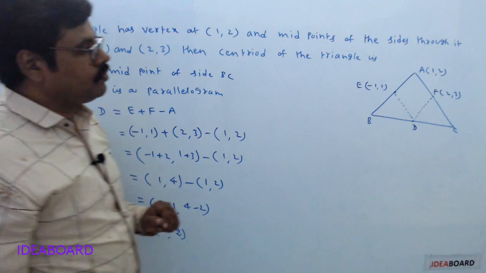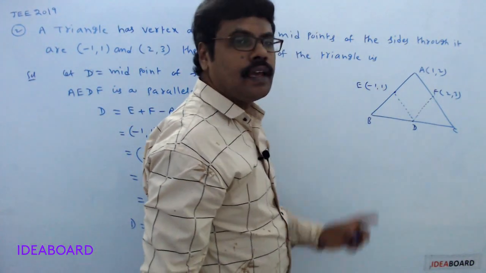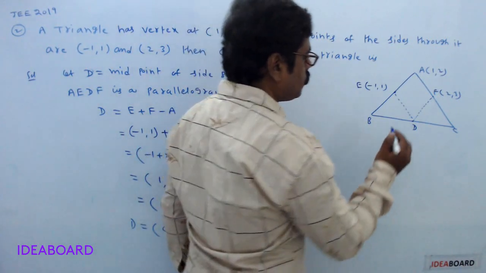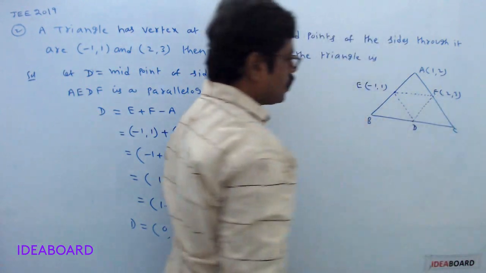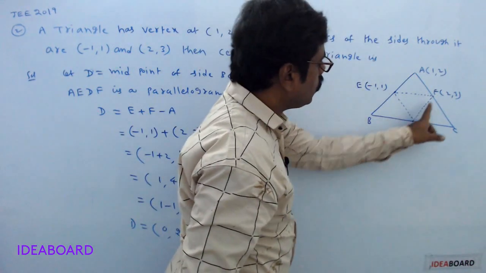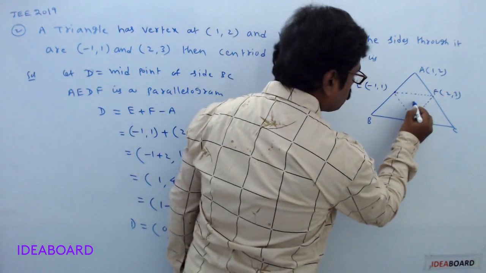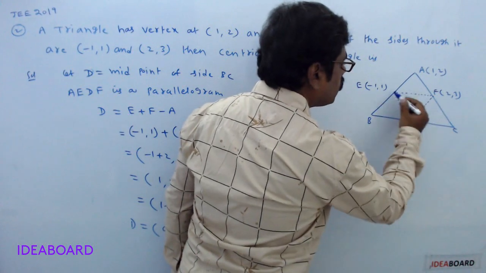Now see the diagram. Here D, F, E are the midpoints of the sides. Now connect the points E and F. Now DEF is a triangle. Suppose G is the centroid of triangle DEF.